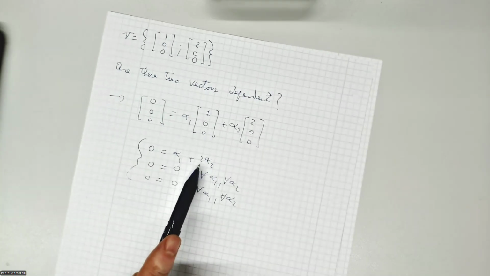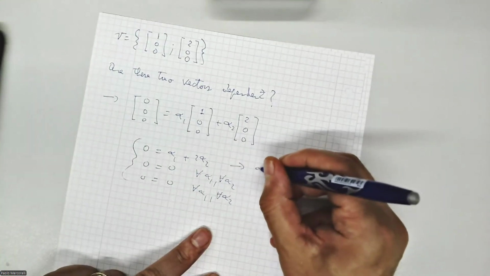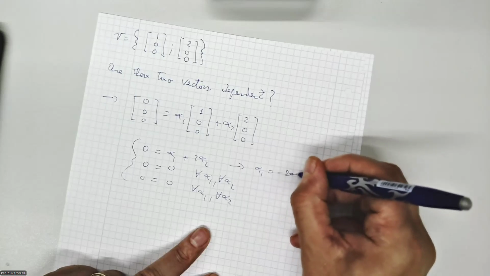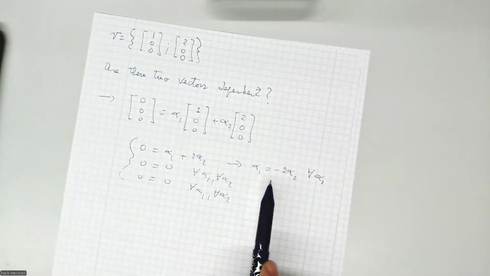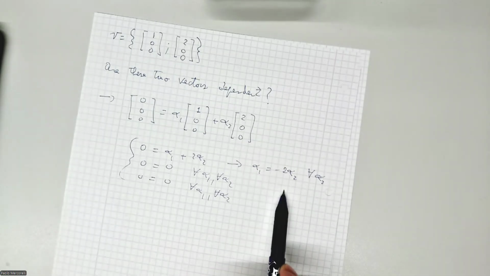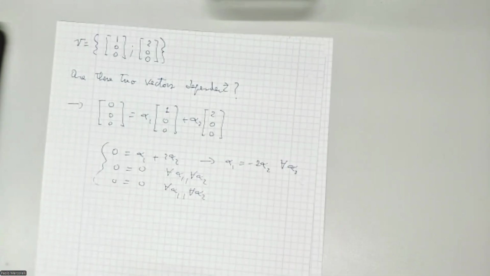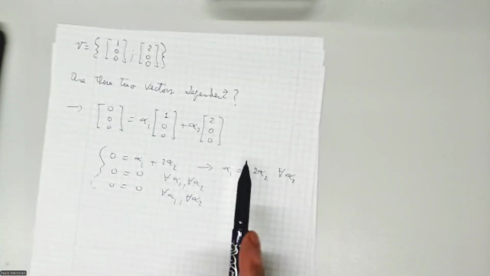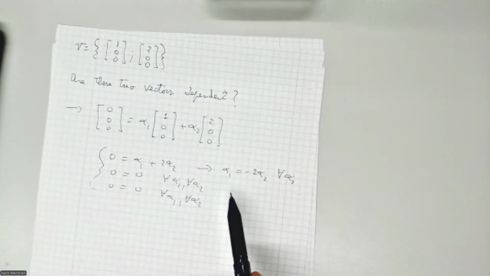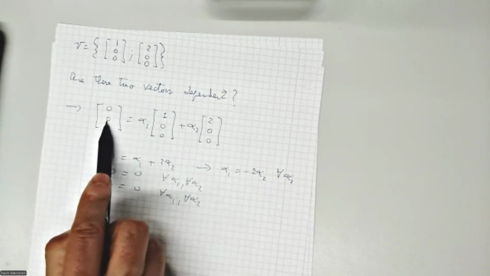This had an interesting solution. For each alpha 2, this means if I apply this condition here, I found any condition, and I can say that not for all alphas 0, we generate this vector 0.